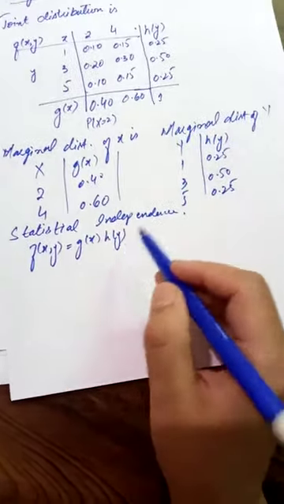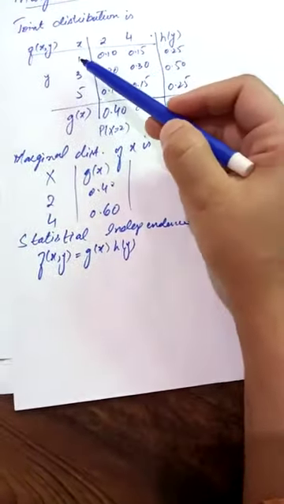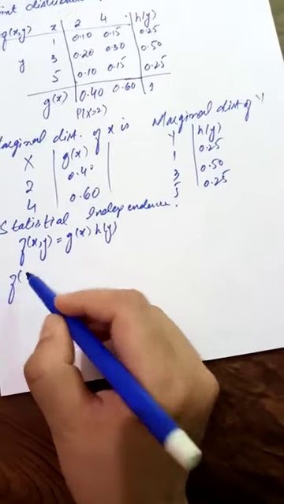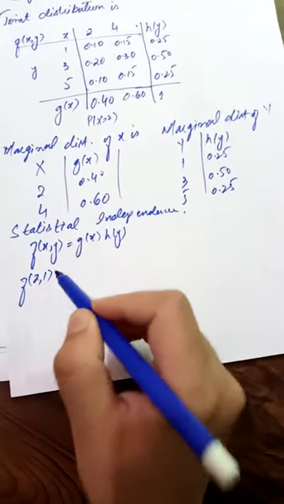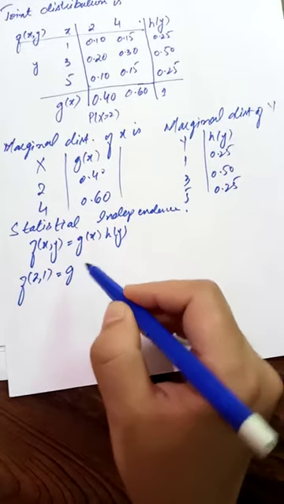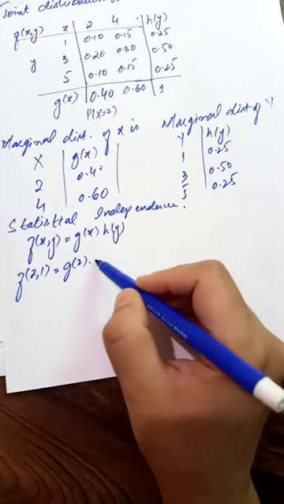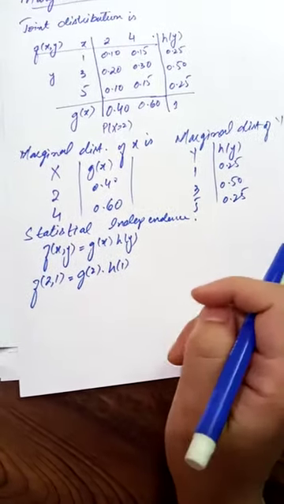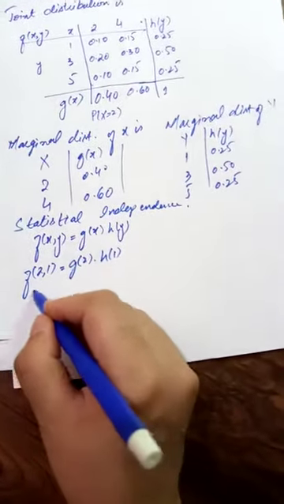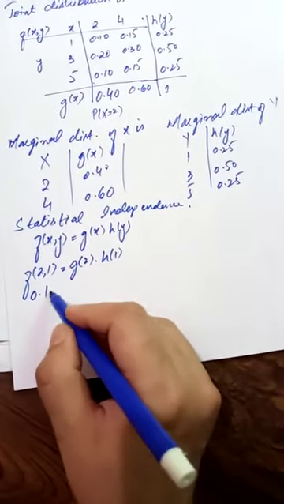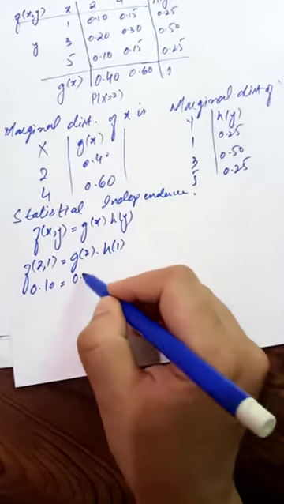So let's do it. The first pair is x equals 2 and y equals 1. So f of 2, 1 should be equal to g of 2 into h of 1. Let's substitute the values. It's 0.10, and g of 2 is 0.4 and h of 1 is 0.25.